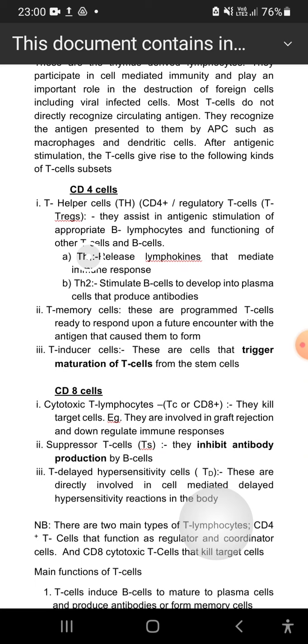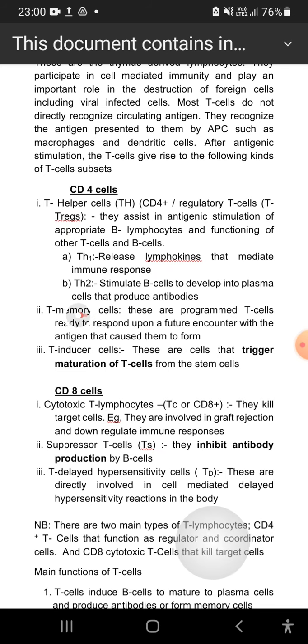T helper 1 release cytokines, in this case lymphokines, for the T helper cells are lymphocytes. These lymphokines mediate or regulate the immune response. But T helper 2 stimulates B cells to develop into plasma cells to produce antibody.